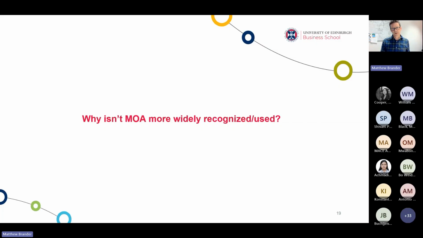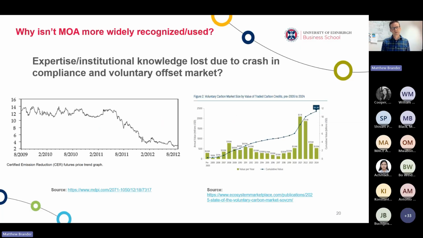Well, why isn't this method more widely used? A first thought on that is to look at what's been happening in the carbon offset markets, and this is really conjecture for what's been happening in that space and how that impacts on the use of different methods.